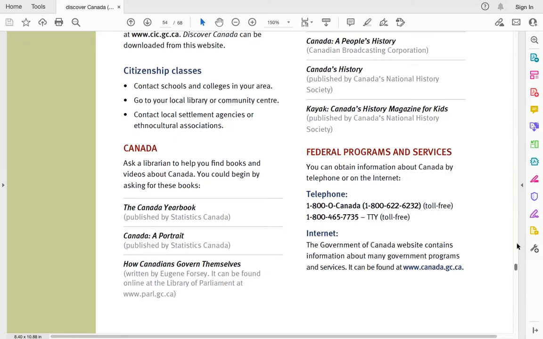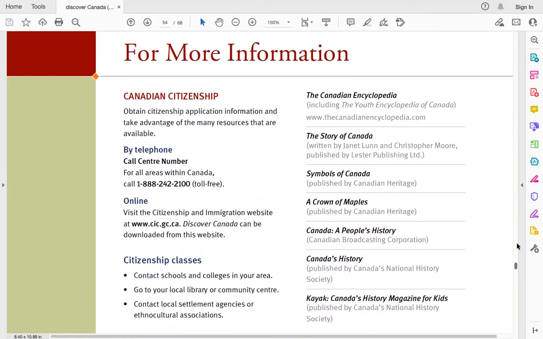It can be found online at the Library of Parliament at www.parl.gc.ca. The Canadian Encyclopedia, including the Youth Encyclopedia of Canada, www.thecanadianencyclopedia.com. The Story of Canada, written by Janet Lunn and Christopher Moore, published by Leicester Publishing Limited.